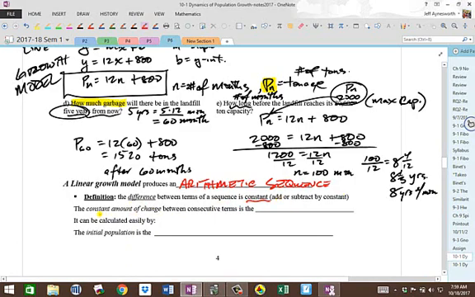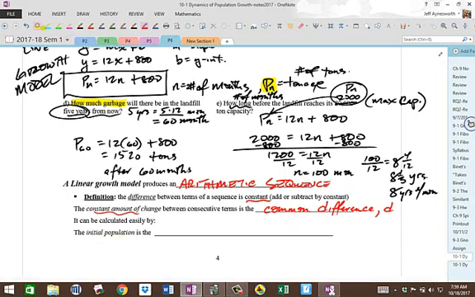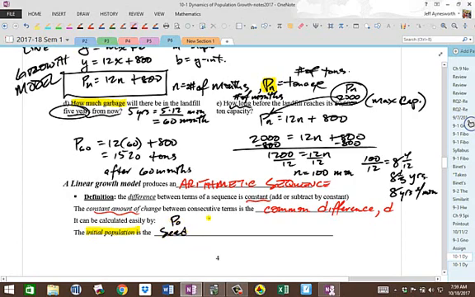This constant amount that we are changing the consecutive terms by is what's called the common difference. This should sound familiar because this is what we discussed in the previous unit. That constant difference is called d. In this case up here, the constant difference was 12. The initial population in any problem is the seed, which we call p sub 0, or the initial value.